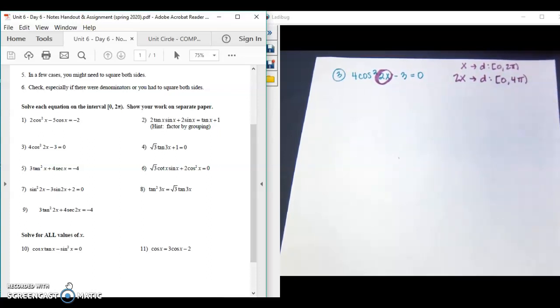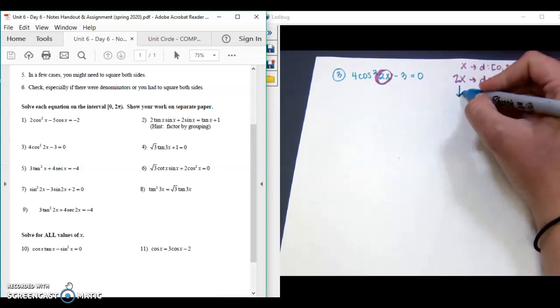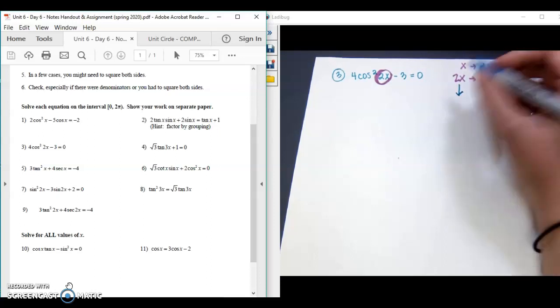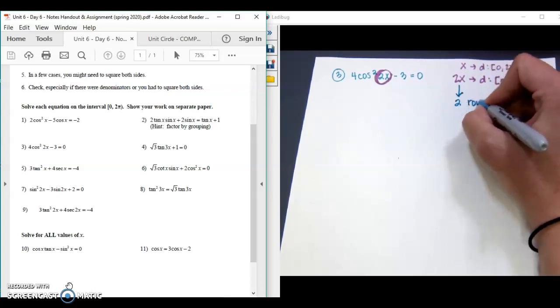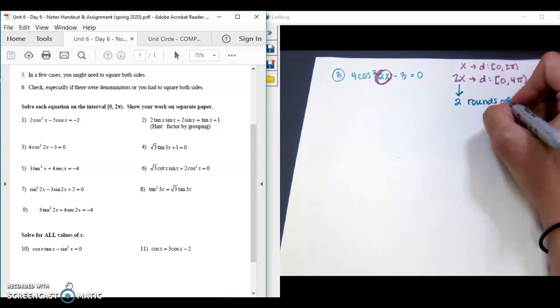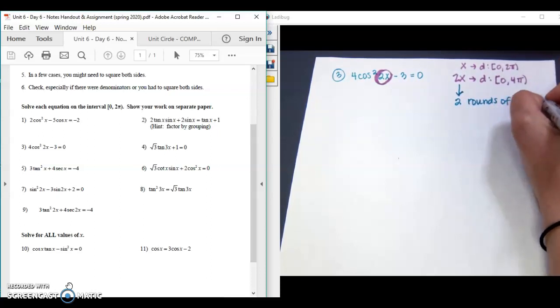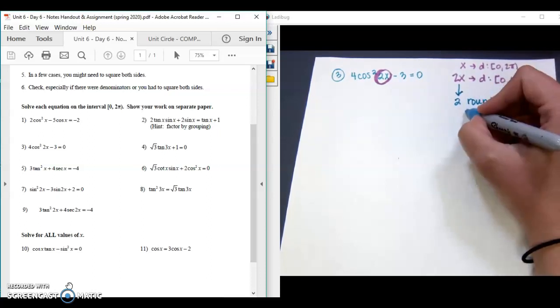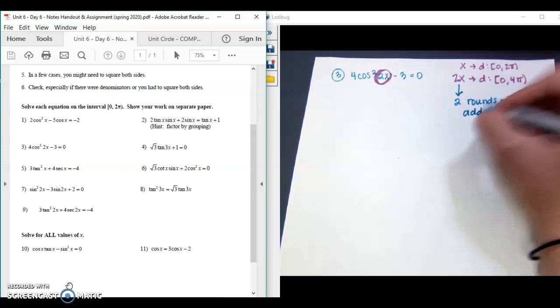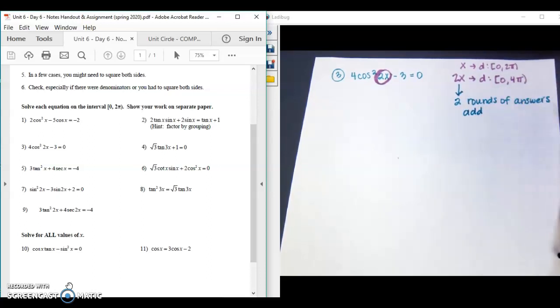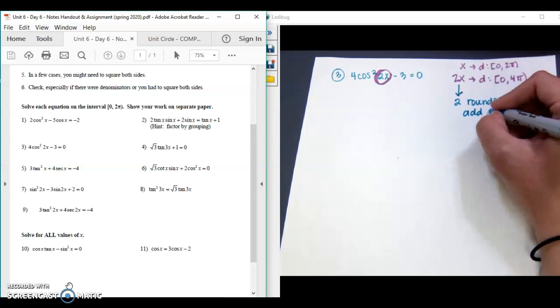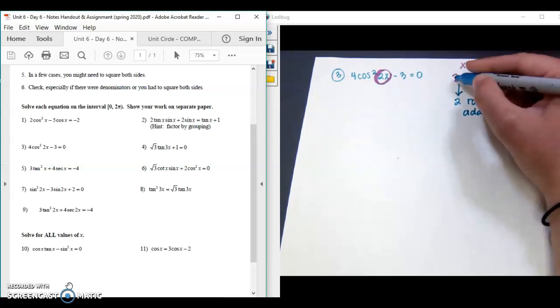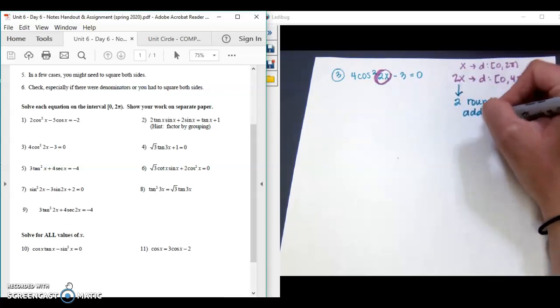So what that means is, whenever you're doing this problem, if you see a 2x, because there's that 2 there, we're going to do 2 rounds of answers. And whenever we get to the part where we have to do our second round, you're always going to add 2 pi over whatever the number is with x, so we're going to be adding 2 pi over that 2.